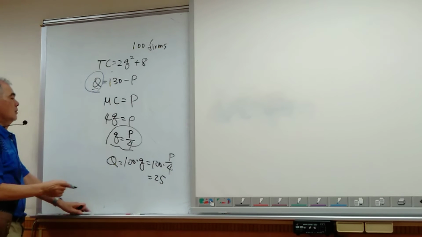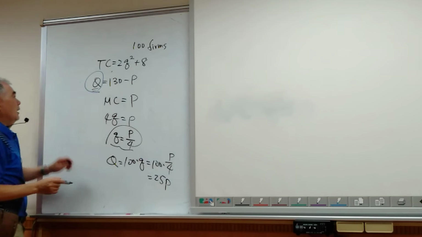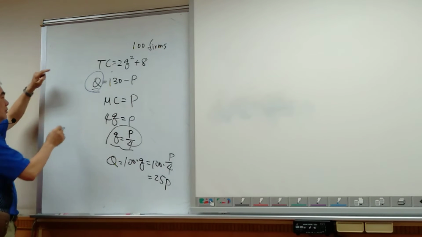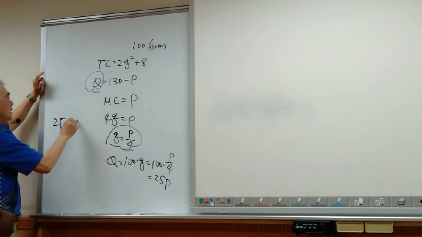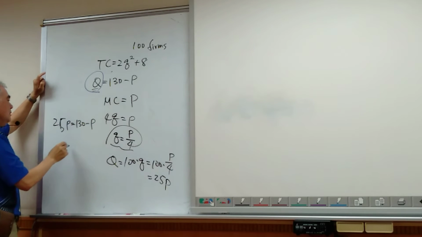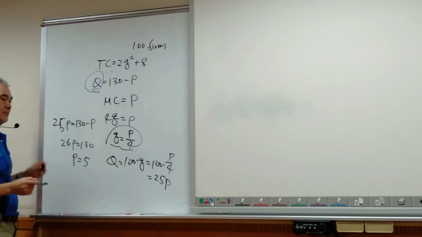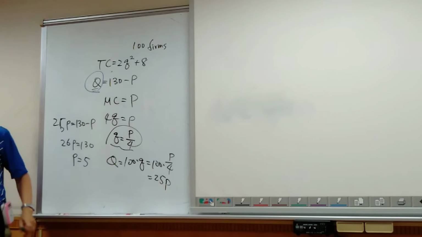So Q is equal to 25P, and 130 minus P, so 26P is equal to 130, so P is equal to 5, right? So that is for the short run.